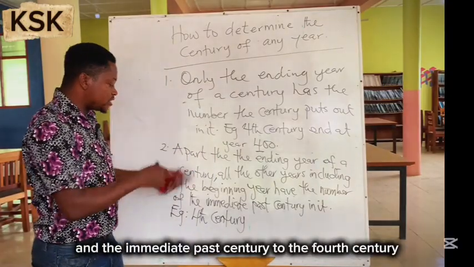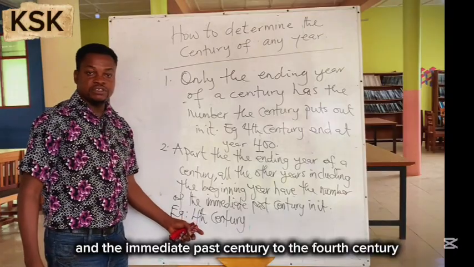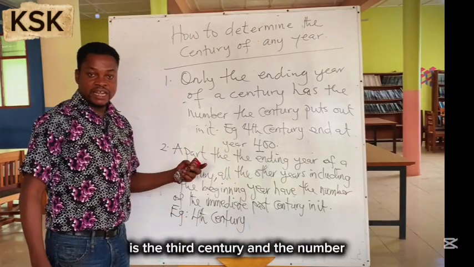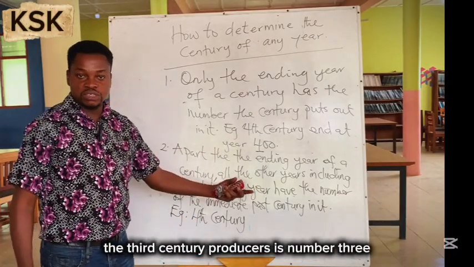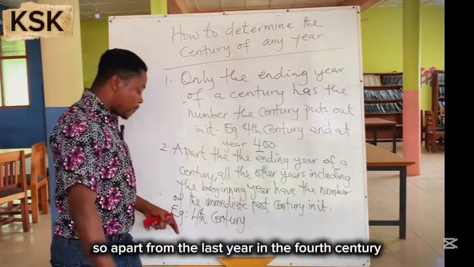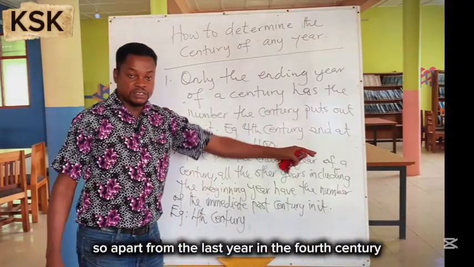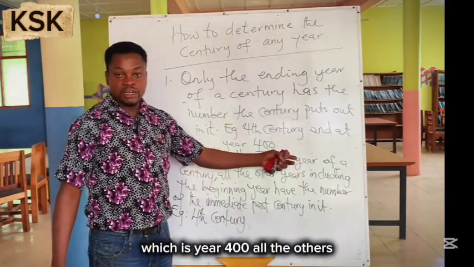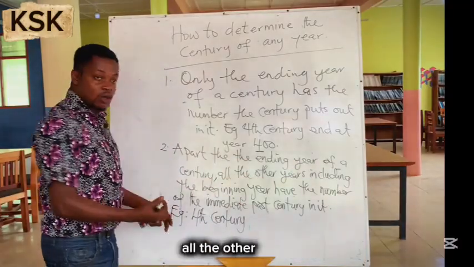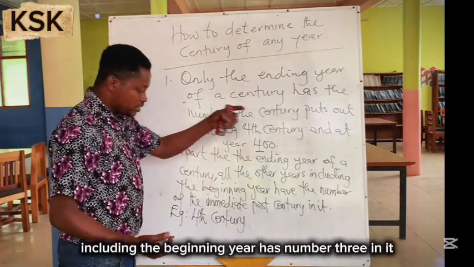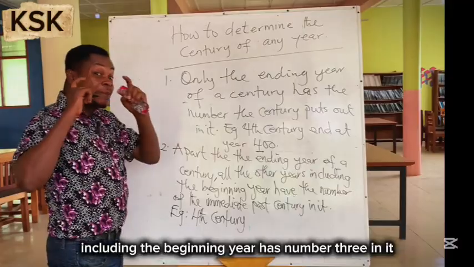The immediate past century to the 4th century is the 3rd century, and the number the 3rd century produces is 3. So apart from the last year in the 4th century, which is year 400, all the other years, including the beginning year, have the number 3 in them.